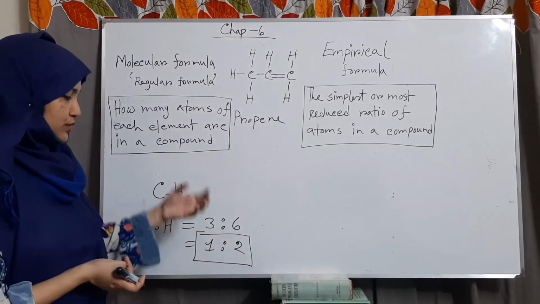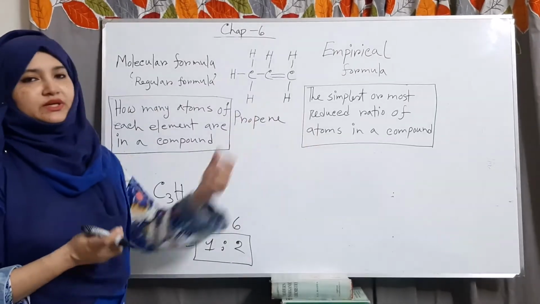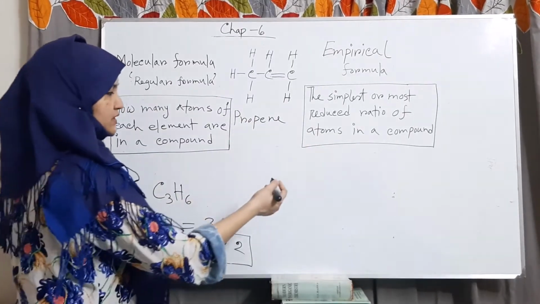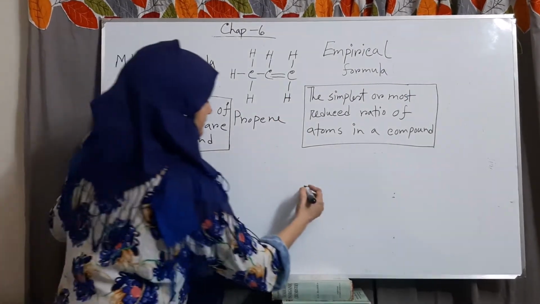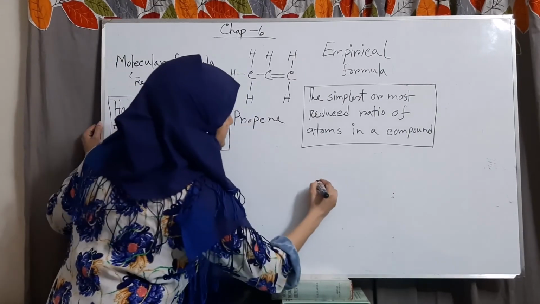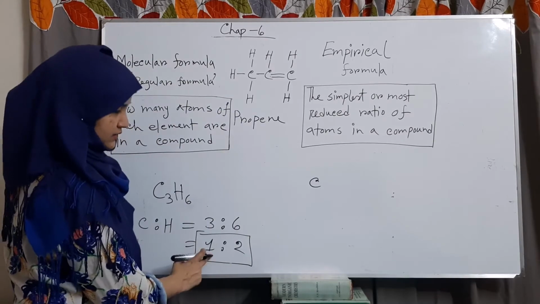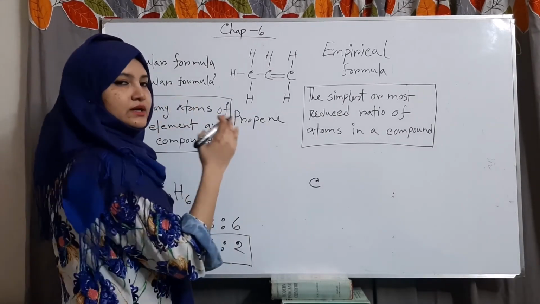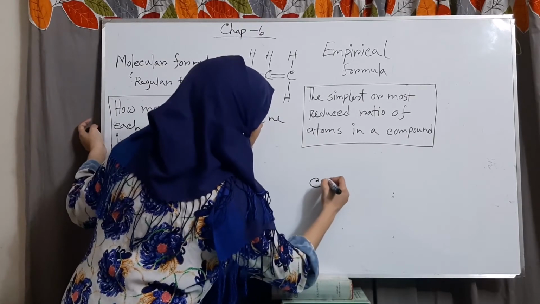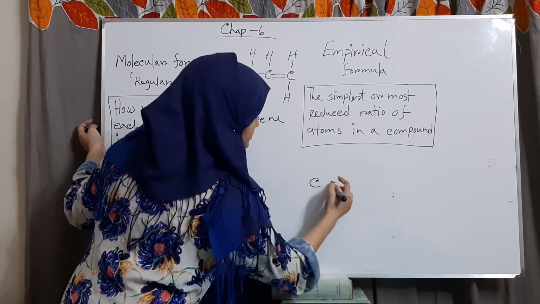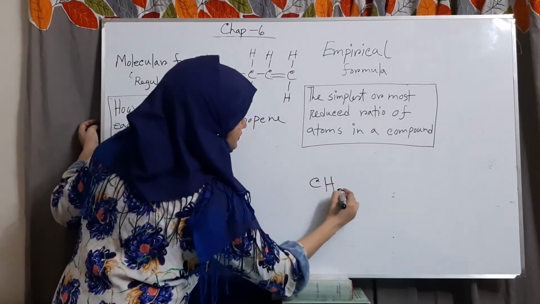Then we can use this ratio to determine the empirical formula. We have to write the empirical formula based on this simplest ratio. This will be carbon 1, and the number 1 is not needed in any formula, and hydrogen 2, CH2.